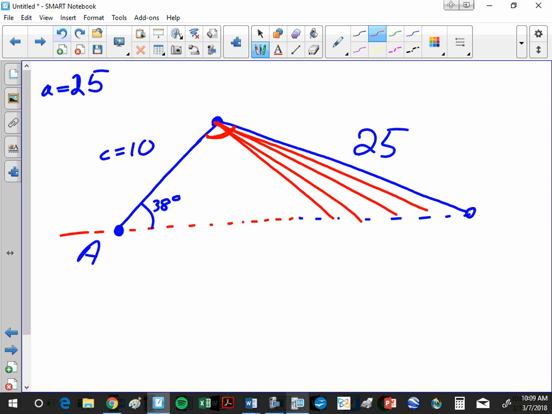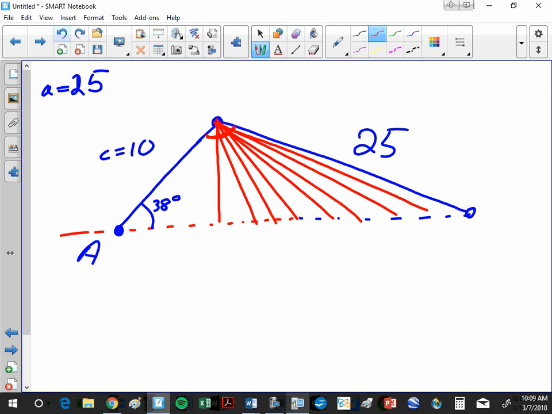We're getting closer and closer to straight up and down. And when I get to straight up and down, what if I make it smaller than that? Then it's not a triangle. Does everybody understand that? So there's kind of this zone where if a, the second side, is really long, you're fine.